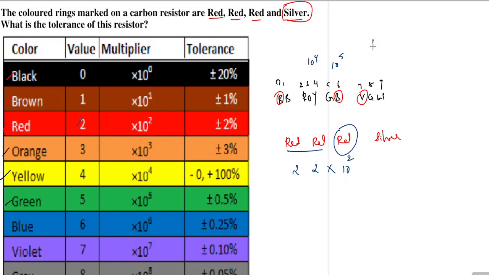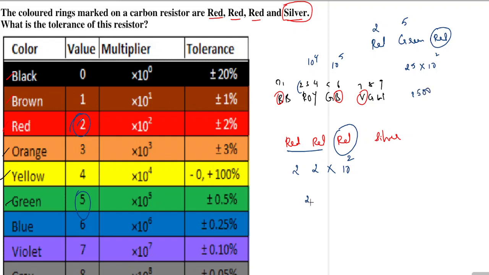Suppose it's like red, green, and then red, and then something else. Red stands for 2, green is for 5. It will be 25, and the third is the multiplier, so into 10 power, red is 2, 10 power 2. It becomes 2500.